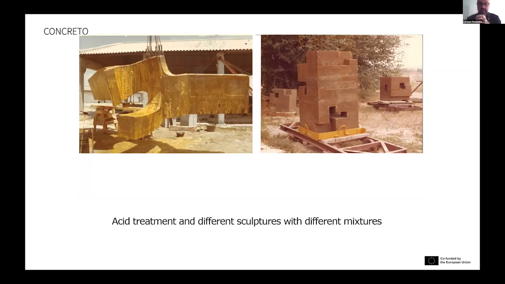One is that in order to achieve this kind of patina, so that the work looks older than it is, they apply acid chloride, and if you have seen the other presentations, you understand that is the worst thing that you can do.